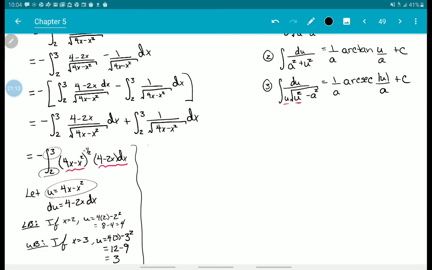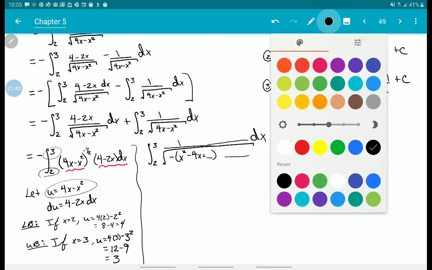So let's tweak this guy. I'm going to factor a negative out first. So we have x squared minus 4x. And I did change the order there. So we've got to figure out what we're going to add in here.